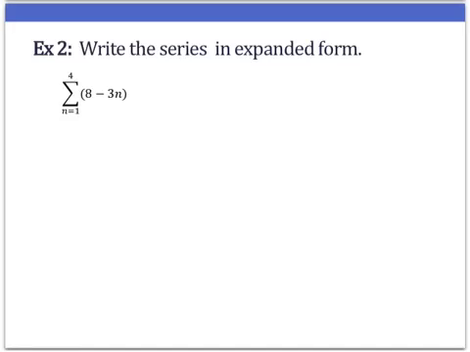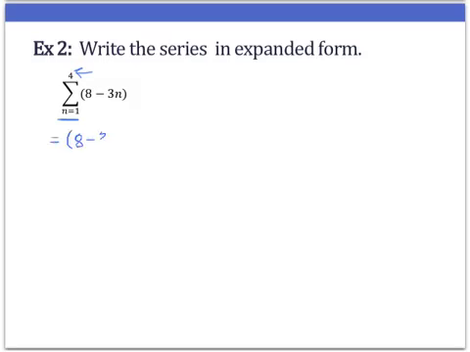Now let's try this again. We're going to begin counting with 1. We're going to end with 4. And again, it does not matter what the variable is as long as this one and the variable inside the expression match. So we're going to substitute one at a time, beginning with n equals 1.